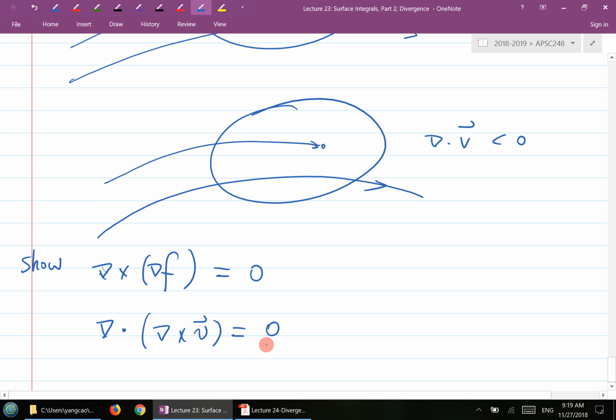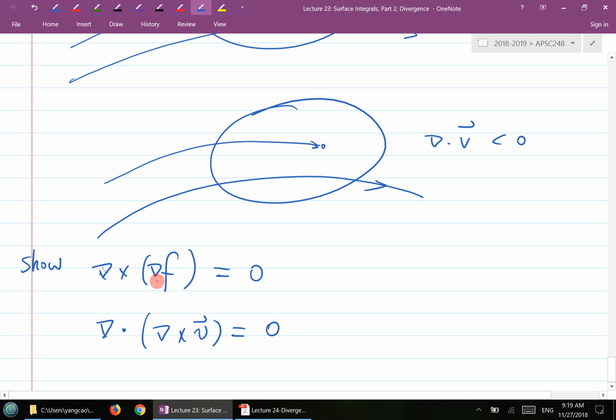Okay. So trying to piece the information together. First one, del cross, not del dot, del of a scalar function F. What does that give us? Gradient. They give a gradient vector field, right?